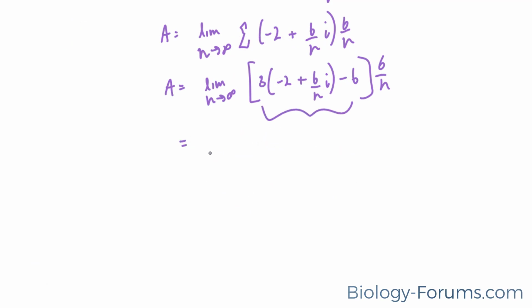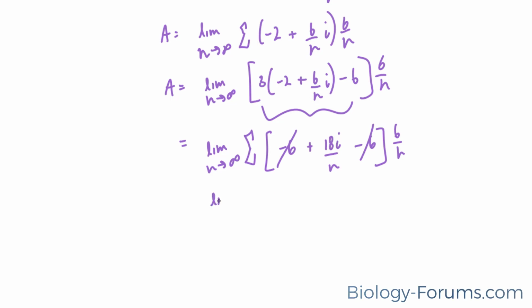If I do that, I end up with the limit as n approaches infinity and the sum of negative 6 plus 18i over n minus 6. And that remains the way it is. These two become negative 12. At the same time, I'm going to bring the 6 over n outside, where I have negative 12 plus 18i over n.